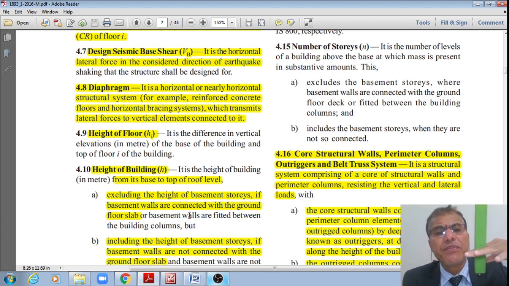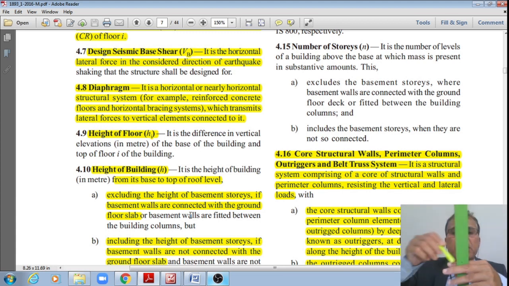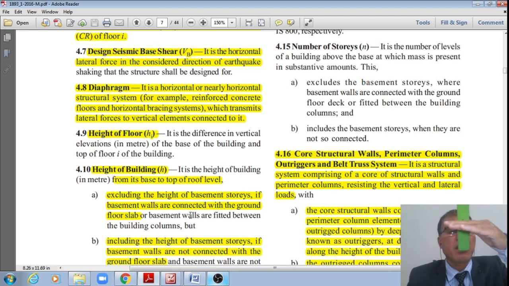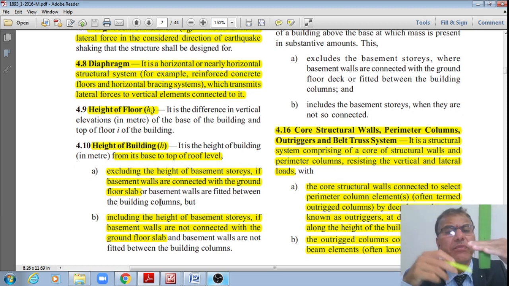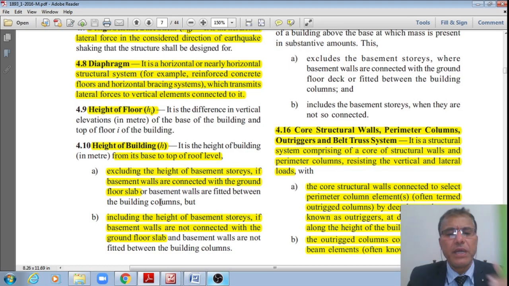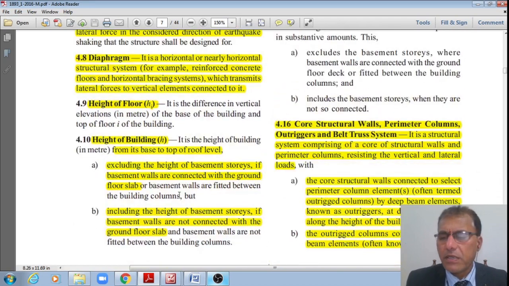Excluding the heights of the basement stories, if basement walls are connected with the ground floor slab, or basement walls are fitted with the building columns. If this is the basement, then above this is what is called H. This is the basement part. And also, including the height of the basement stories if basement walls are not connected with the ground floor slab. That is how, if they are connected or not connected, the height will be considered differently.